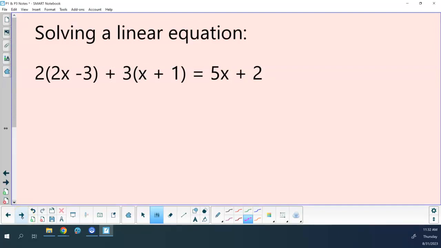Let's get into it. Linear equations. Just talked about this in the Algebra 3 a couple hours ago. When you're solving equations, what's the one rule that we gotta follow?